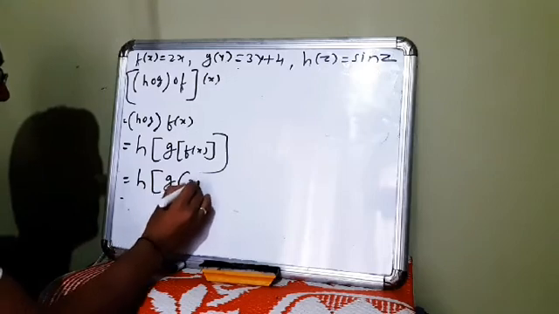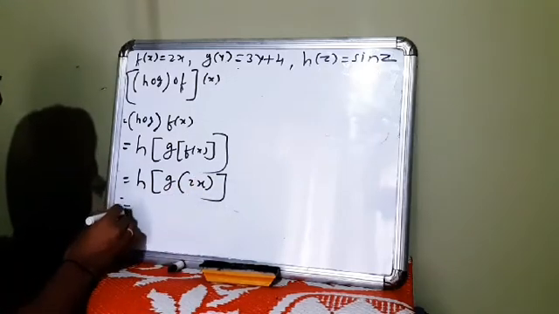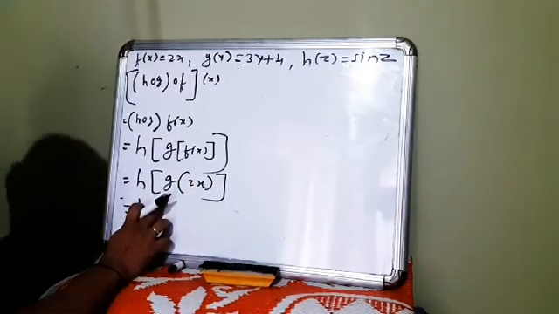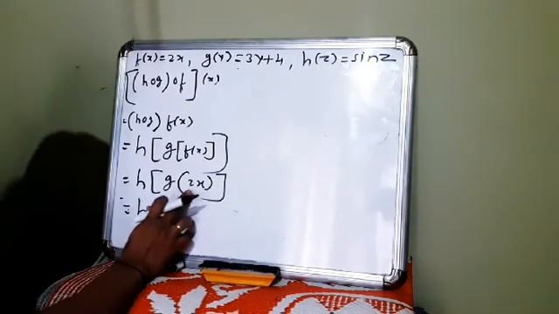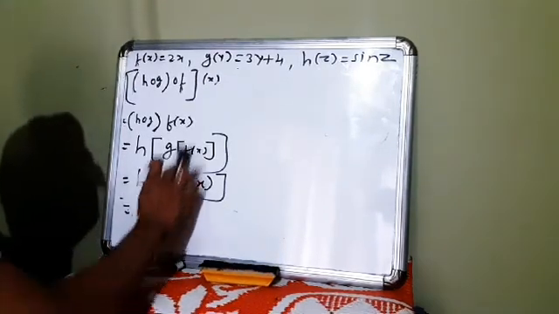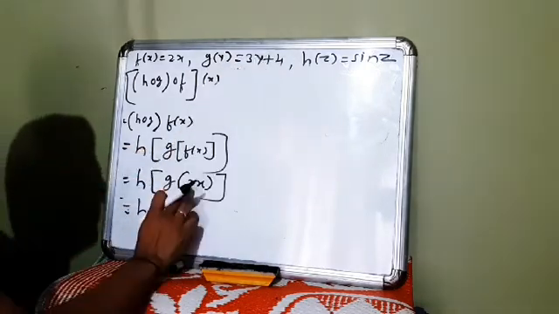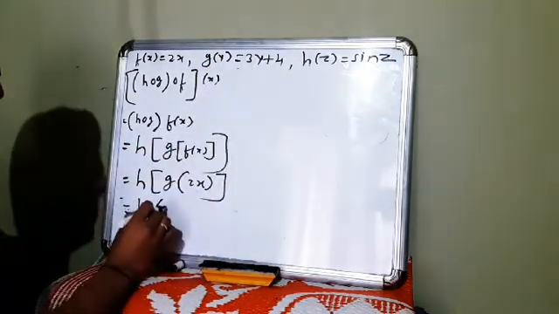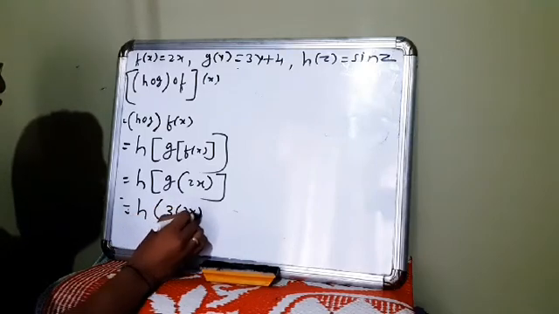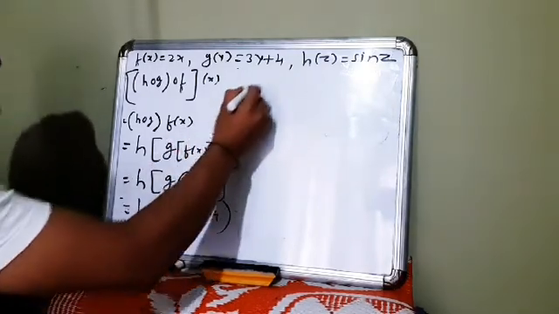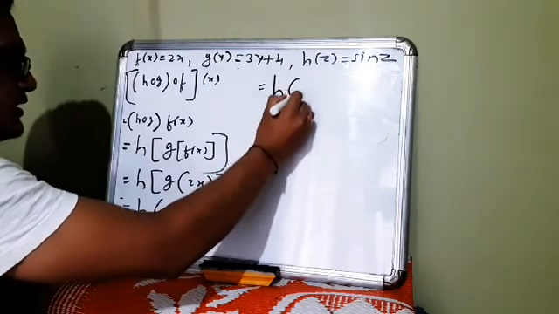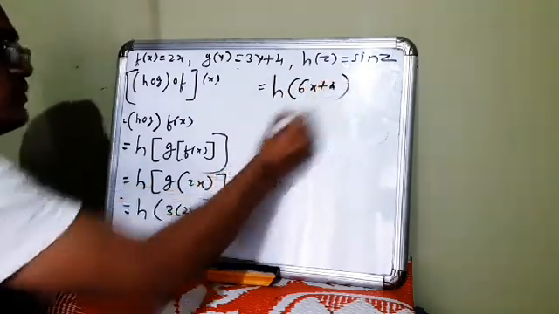What is f of x? 2x, which equals h as it is. Again outside the function is g, and g of y is equal to 3y plus 4, meaning in the place of y we have to put 2x. So it will be 3 into 2x plus 4, which equals h of 6x plus 4.